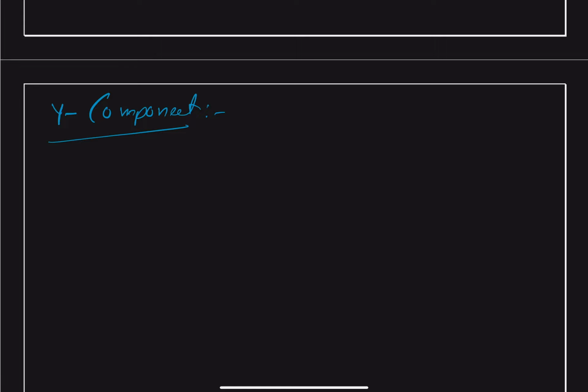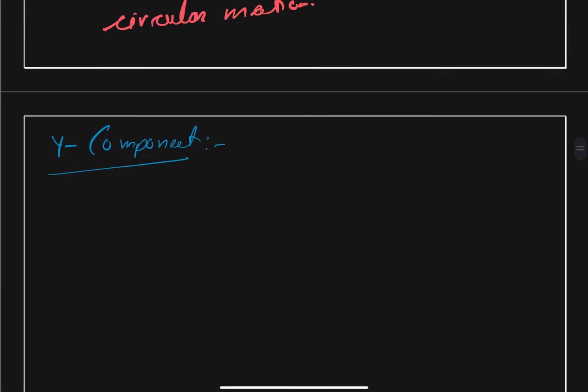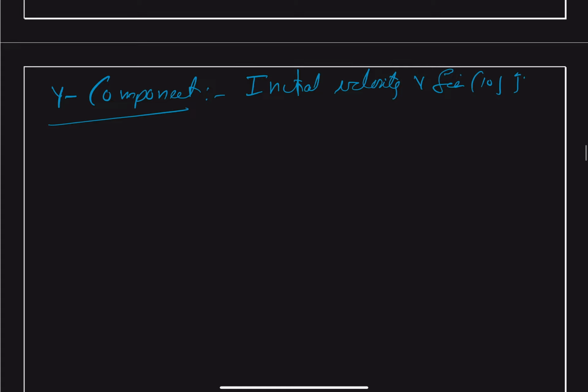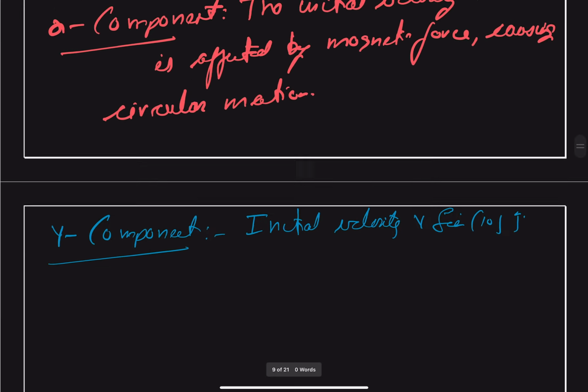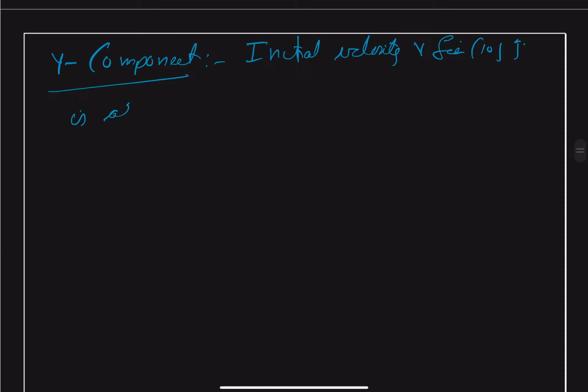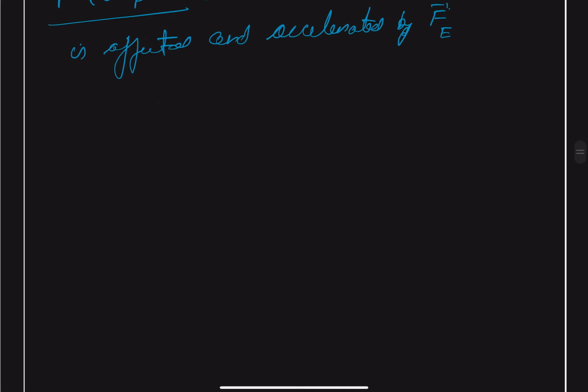You can say the initial velocity v sine of 10 j is affected and accelerated by electric force. And finally we have our z component.